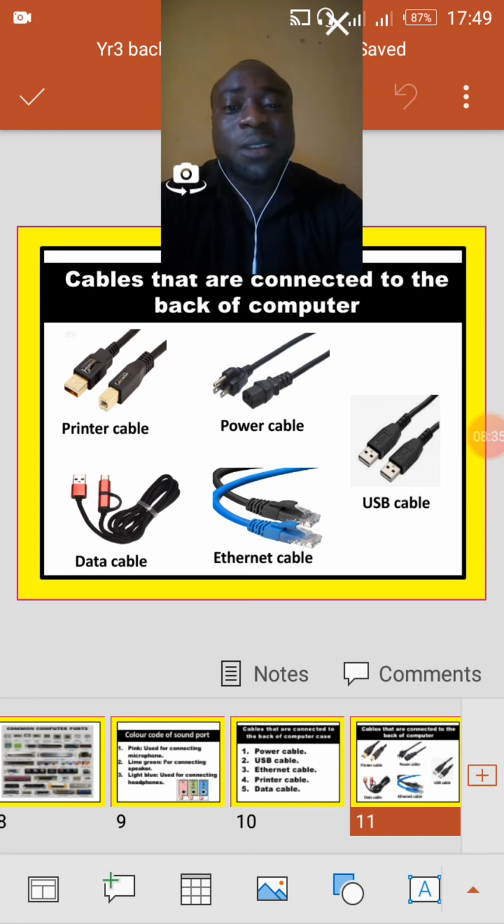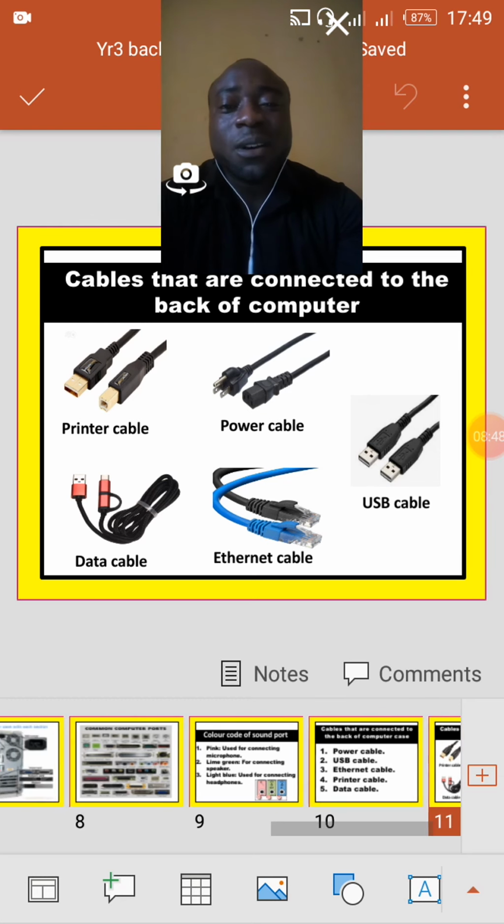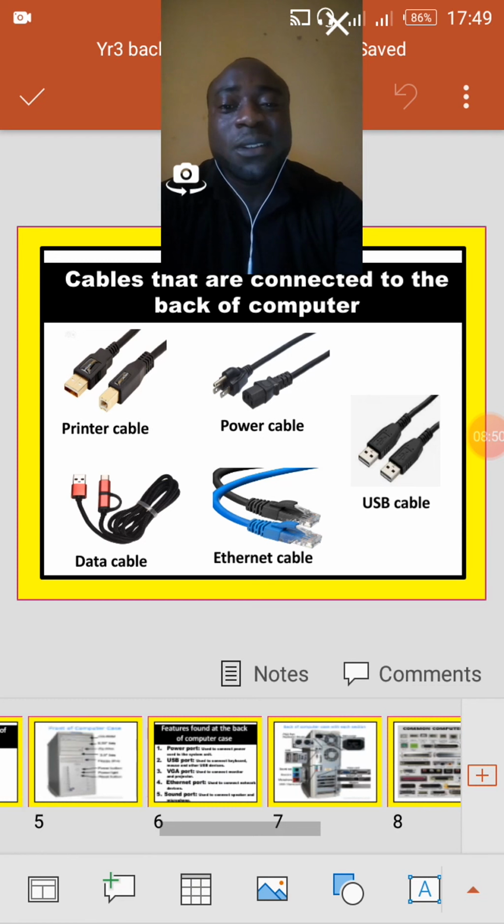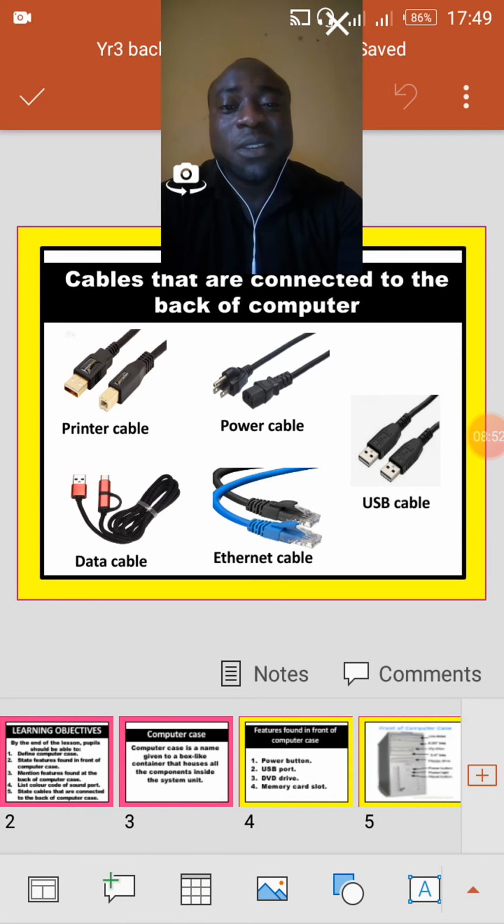Then we have data cable that we can use to transfer our data from our mobile phone to the system. Then we have Ethernet cable that we can use to connect internet to our system unit. So these are the common features that can be found at the back and in front of the computer case.